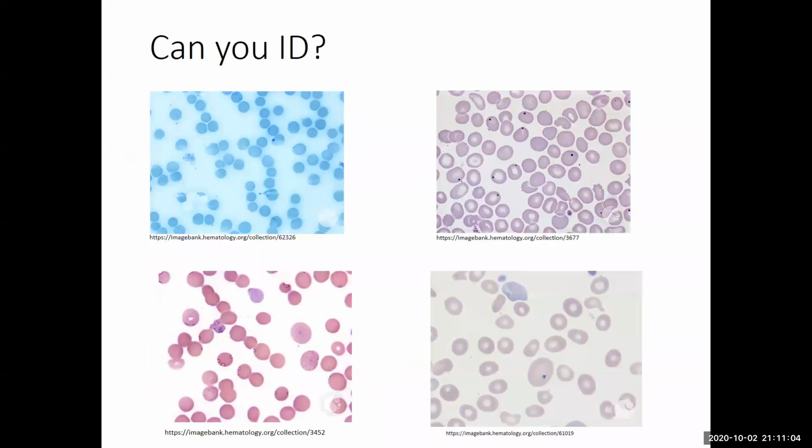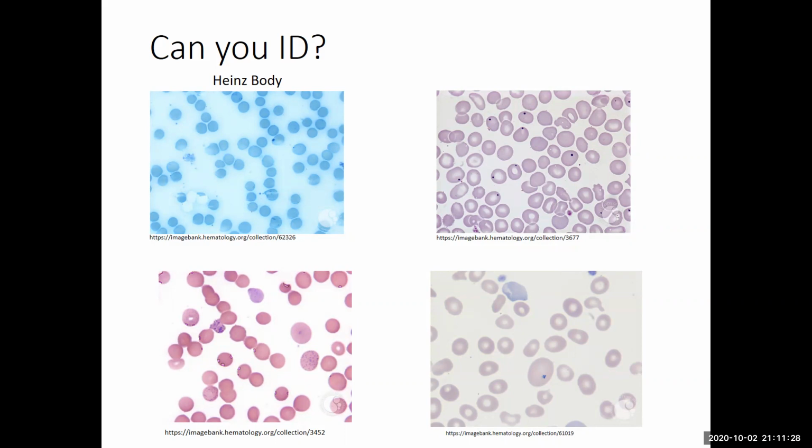Okay, so can you guys ID? What is the first stain, first of all? Does not look like a usual Romanowsky-based stain. So this is what supravital stain looks like. Okay. This is Heinz body. So what is the one on the top right? Giemsa? Yeah, and what is the inclusion?